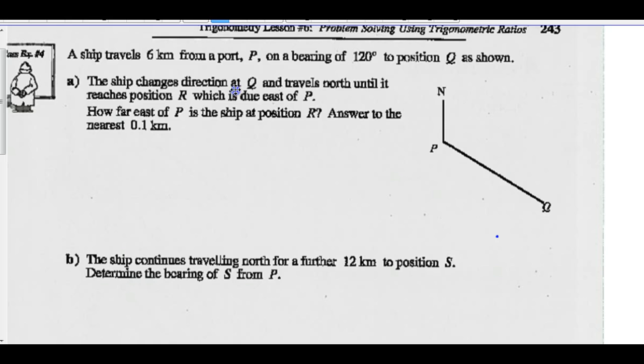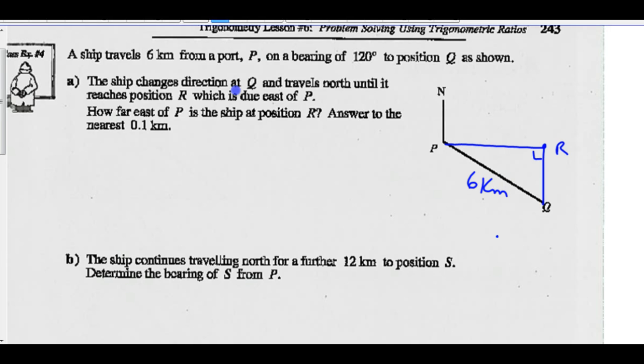At position Q, it then travels north until it reaches position R, which is due east of P. So I travel north up until position R, and it tells us that is due east of P. So there's our right angle triangle. East and north will meet at 90 degrees. We're told the ship traveled 6 kilometers.